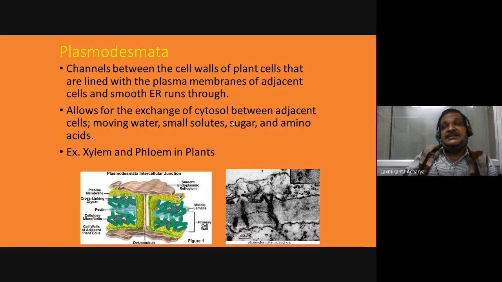So the protein is synthesized in the cytoplasm, and you know that there are certain enzymes present in mitochondria. There are certain enzymes present in your chloroplast or these plastids, and there are certain enzymes present inside the nucleus also, right?